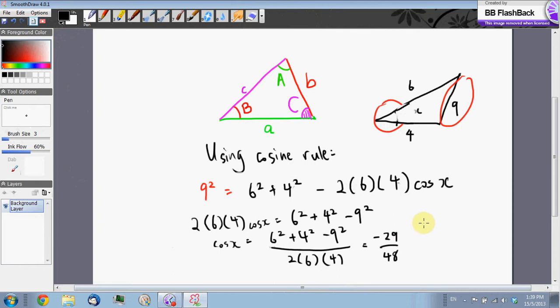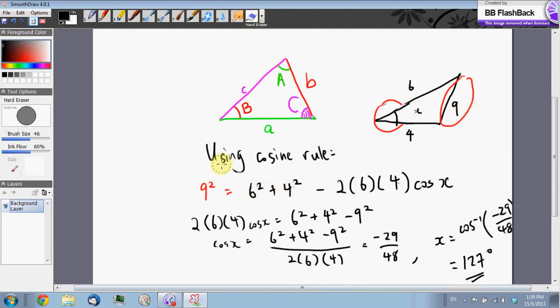Taking the cosine inverse, x equals cosine inverse of negative 29 over 48, which is 127 degrees. So the answer is 127 degrees. In this triangle it does not look like so because I did not draw the shape correctly, but it still applies to the whole triangle because it's arbitrary, remember.